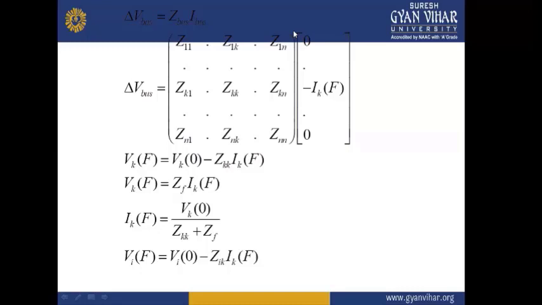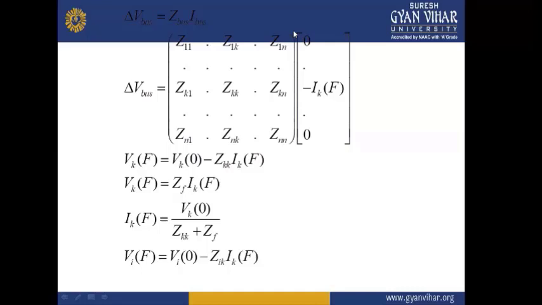So when we substitute these values, we will be able to calculate the fault voltage at bus K. That is Vkf is equal to Vk0, the pre-fault voltage at bus number K, minus the voltage drop due to the fault current, defined by Zkk into Ikf, your fault current.